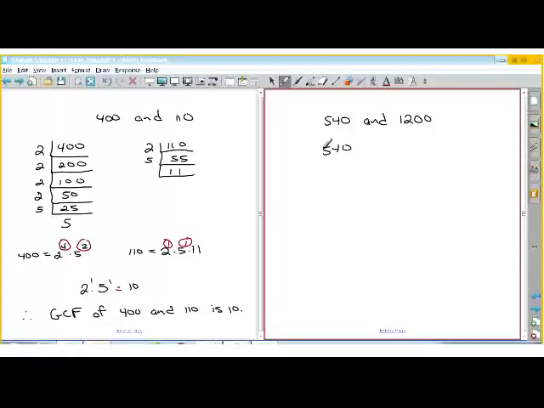So we have to do the prime factorization for each one of these numbers. So we just divide by 2 until we get to an odd number.